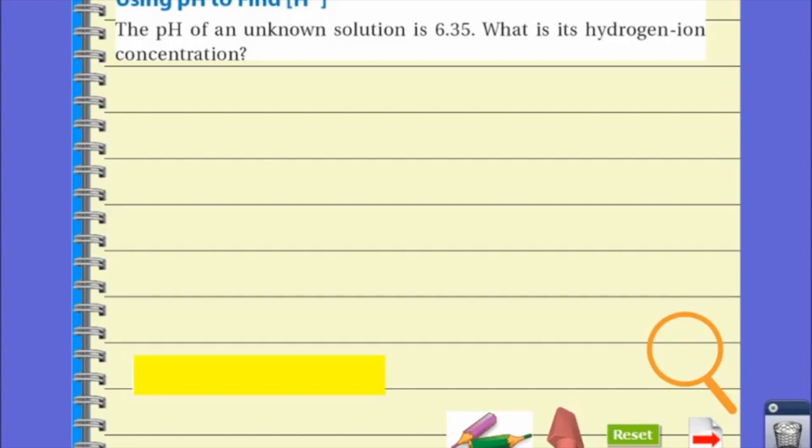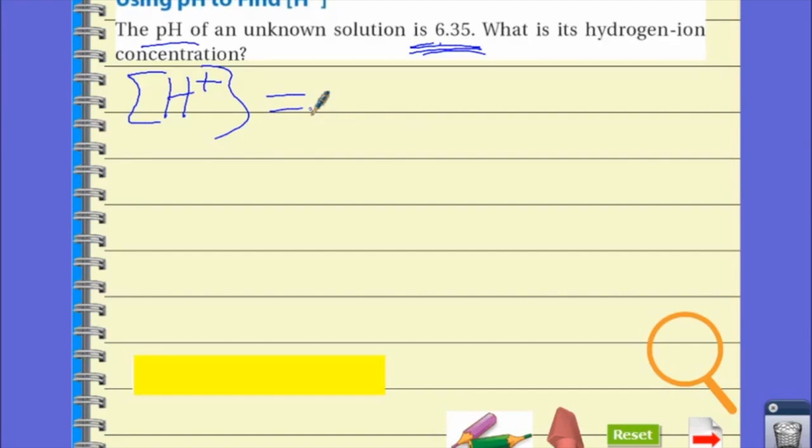Checking on the time, I have short time. The pH of an unknown solution is given. They gave me the pH this time, and they asked me for the hydrogen ion concentration. So we are going backward now. On your calculator, you need to do second, log, negative pH, to find the concentration.